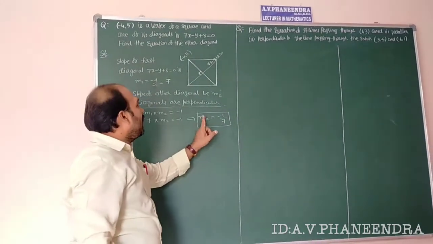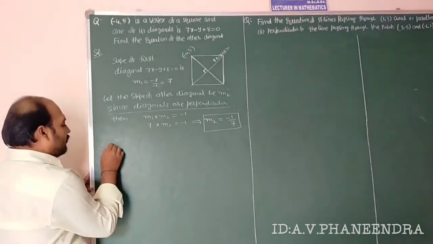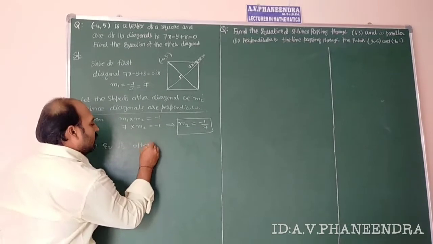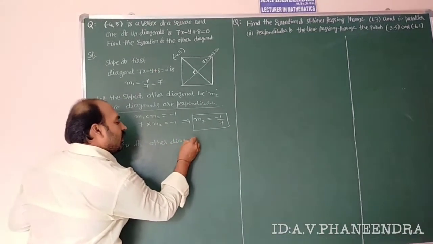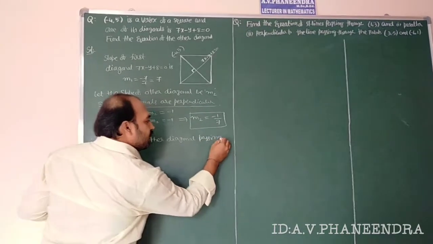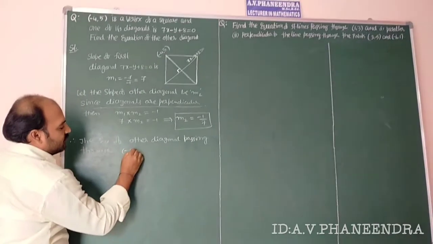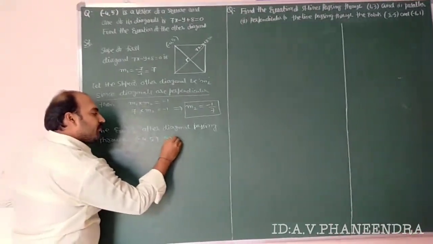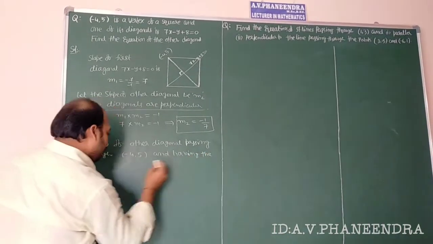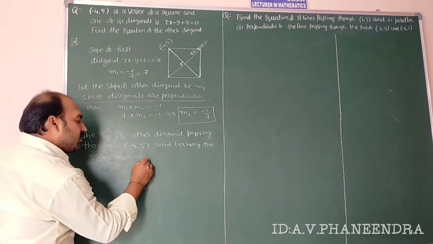We know the slope and it is passing through minus 4 comma 5. Therefore, the equation of the other diagonal passing through minus 4 comma 5 and having the slope m2 is equal to minus 1 by 7.